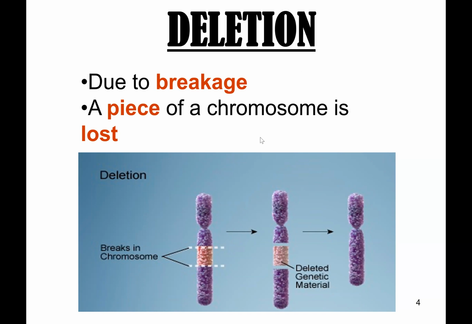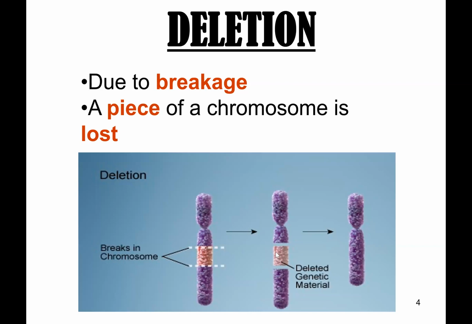But then what is a deletion mutation? As you can see, simply, a part of the chromosome is deleted. When this part of the chromosome is deleted, it also takes the genetic material, that is the DNA, which is here, and then it rejoins here to produce a chromosome which is smaller in size, because of the deletion of this part.